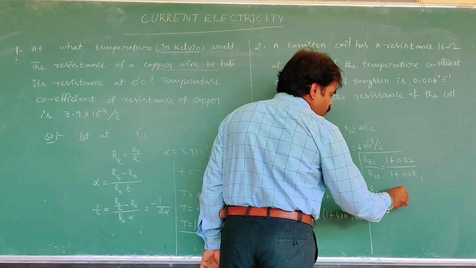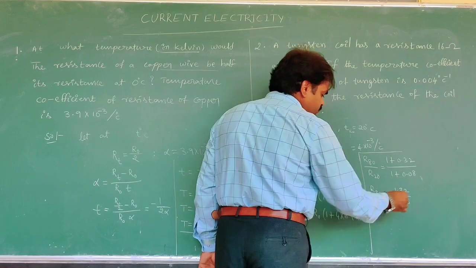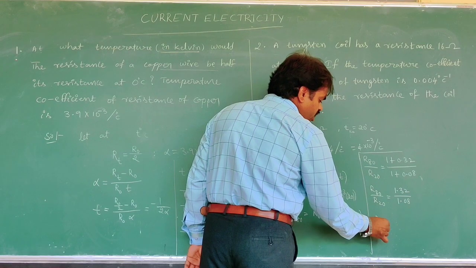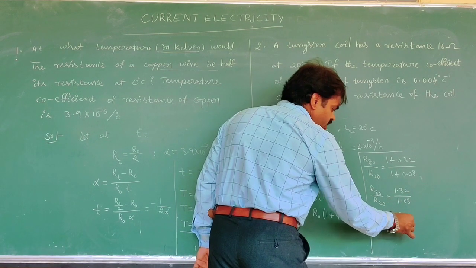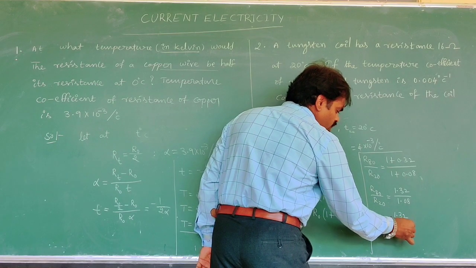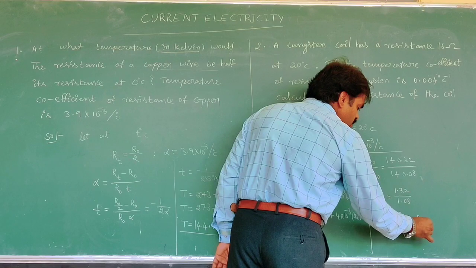Now R80 by R20 is equal to 1.32 by 1.08. So R80 is equal to 1.32 by 1.08 into R20.